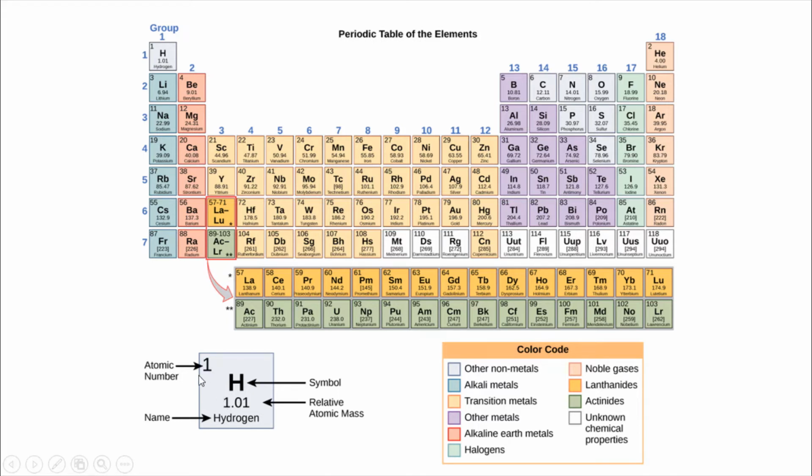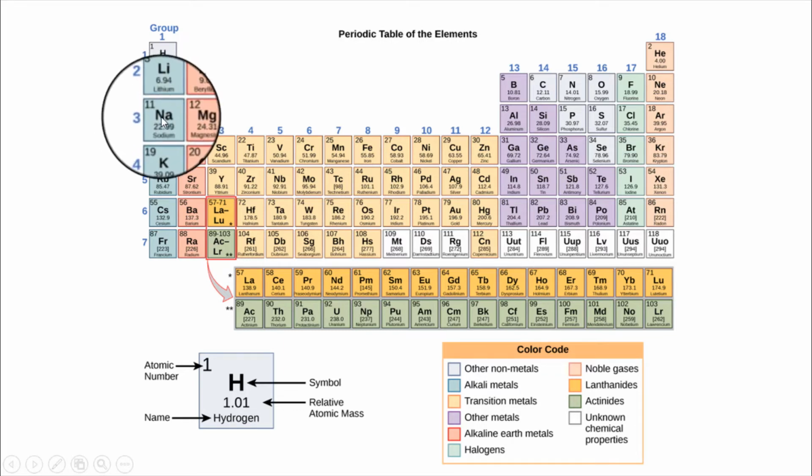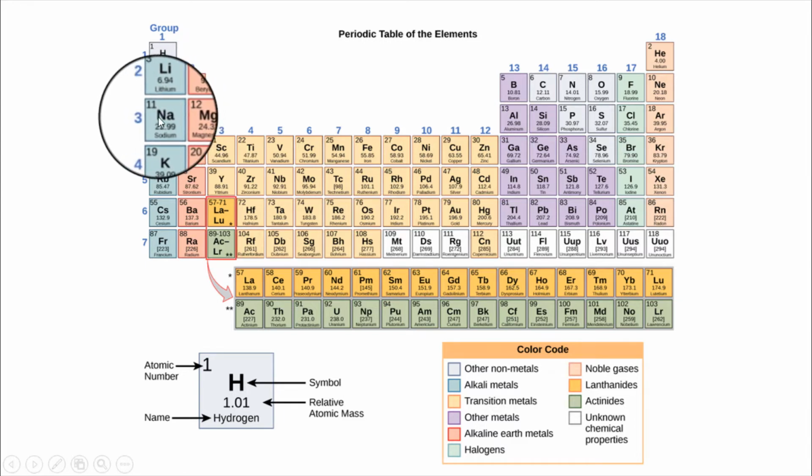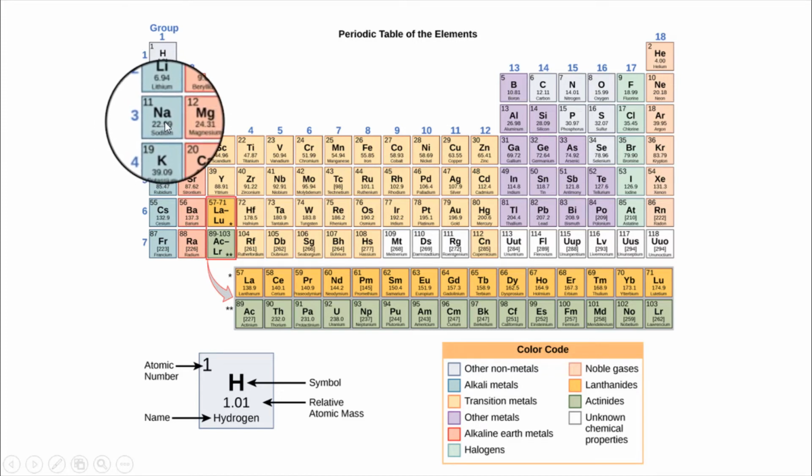Let me give you another example so that you understand that a bit better, right? We have been talking about sodium a little bit in this course, and we will talk a little bit more about it. So let's look at this one here. Sodium is here. The atomic number for sodium is 11, which means that there are 11 protons in the nucleus. But when we look at the relative atomic mass of sodium, it is 22.99, so basically 23.